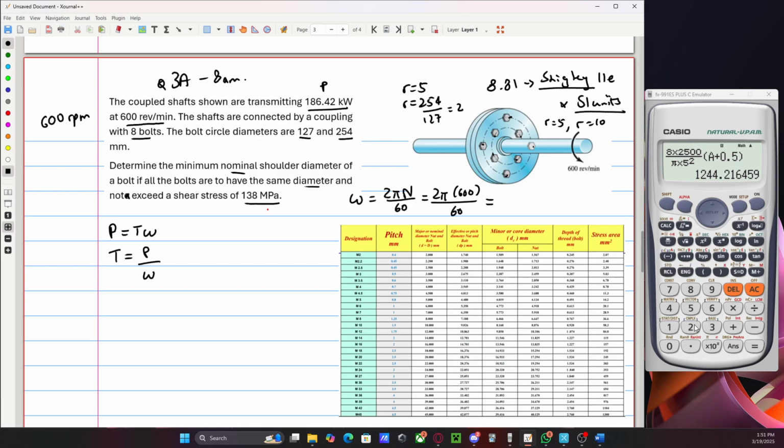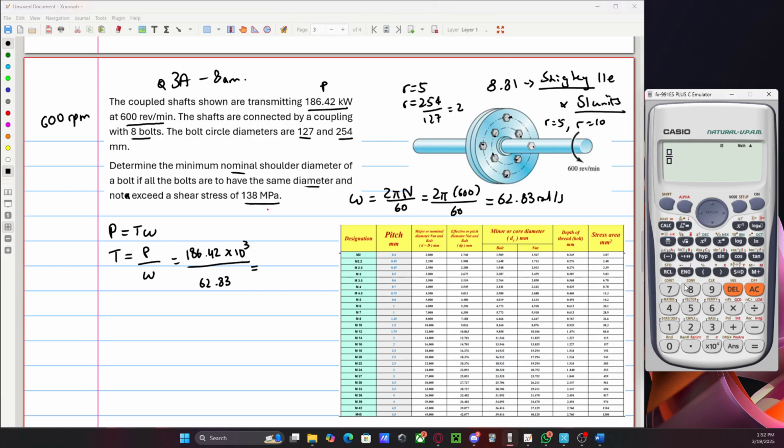So let's check. Let's do 2 pi over 60 times 600, and we get 62.83 rad per second. Now I'm just going to shift store this maybe at D. So this is my D. Power is 186.42 kilowatts, so times 10 to the power of 3 over 62.83 rad per second.